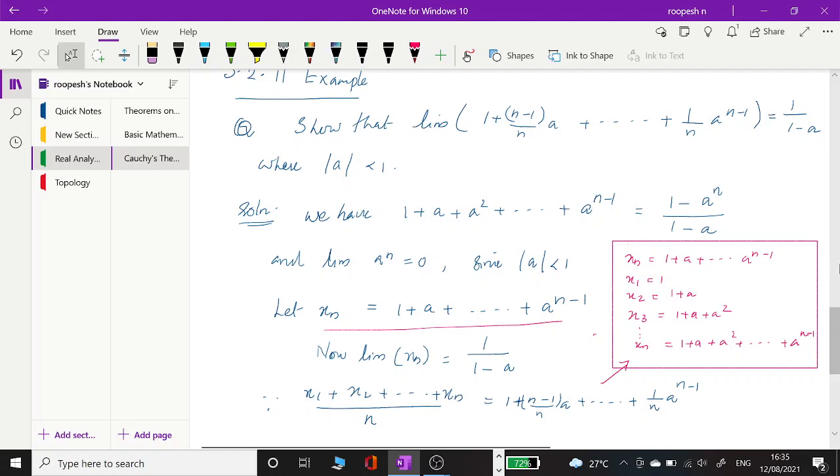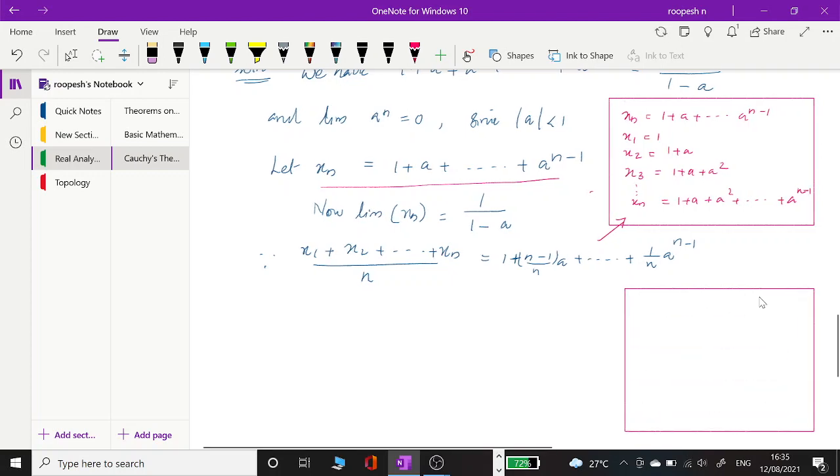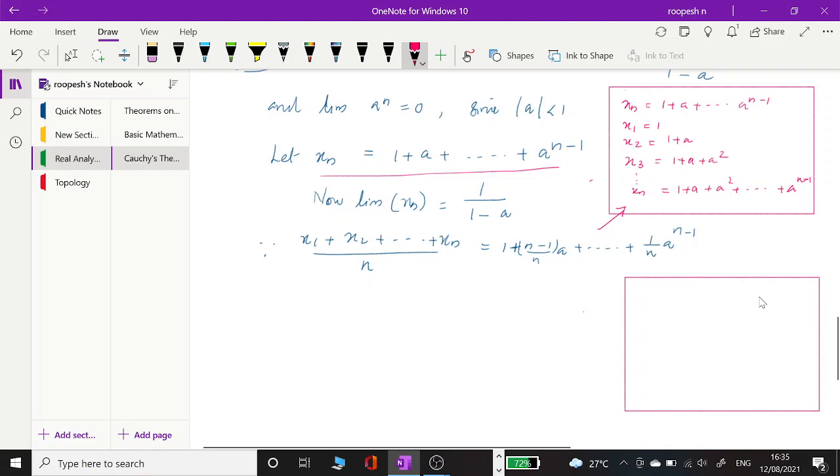Now suppose I want to add these, what will I get? This x1 plus x2 plus etc plus xn is equal to, I should add these terms all together, right?